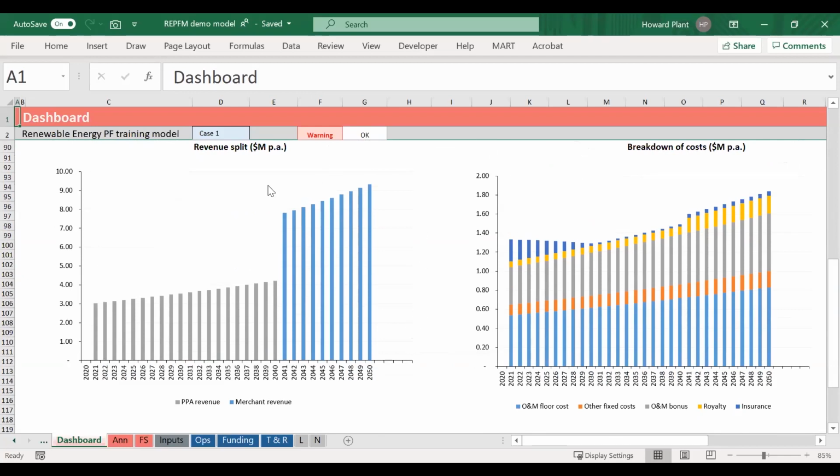And maybe this is right for your assumptions, but I certainly, over the last couple of years, have seen a big increase in the step up from PPA prices up into people's merchant assumptions on the back end of the project. And this blue area represents a very large portion of equity returns. So without going into detail of that, the importance of these graphs makes you wonder and think, does this make sense to me? That's what your senior decision makers need.